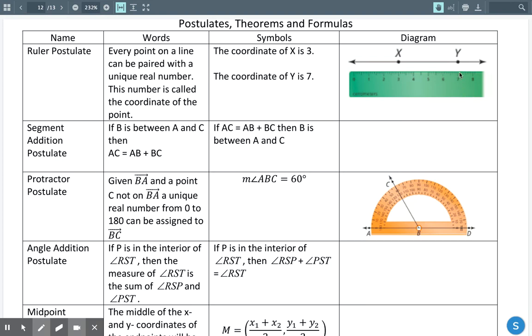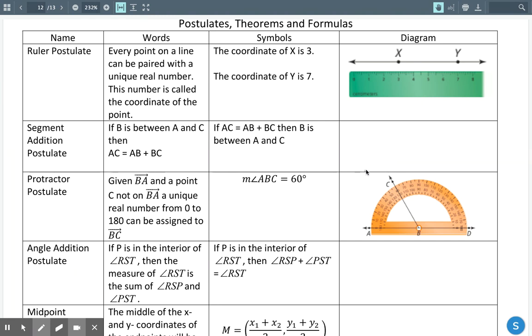The coordinate of Y is 7. So you can actually put it up against a ruler. So that's kind of the difference for the ruler postulate. I can take any point on a line, like even this point, and it would match up with a number on a ruler.